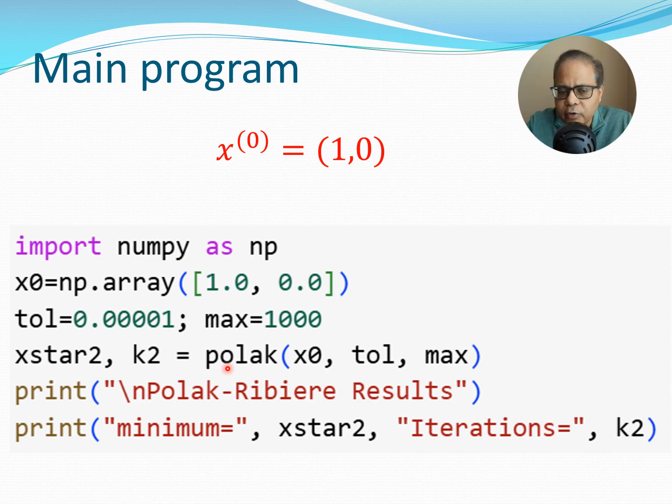And we are going to define this function named Polak that takes in x0, the starting point, the small number for convergence, and the max value for the for loop, and then returns the optimal point x star 2 and the number of iterations it took to converge, which is given by k2 here. Then I'm going to print out these particular values, and I put a \n here to create a new line.